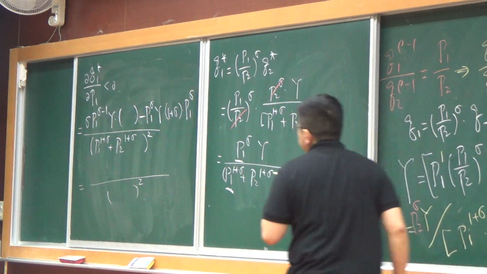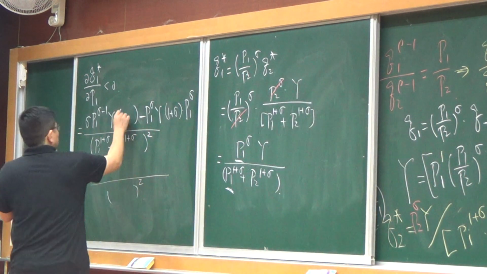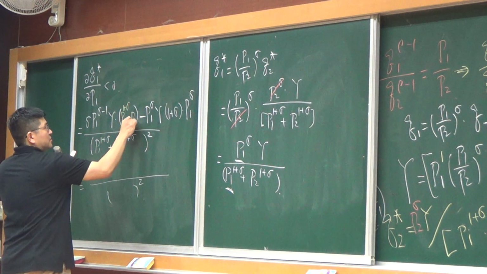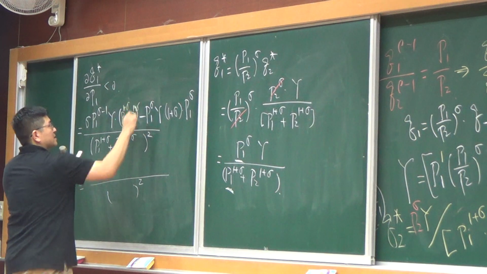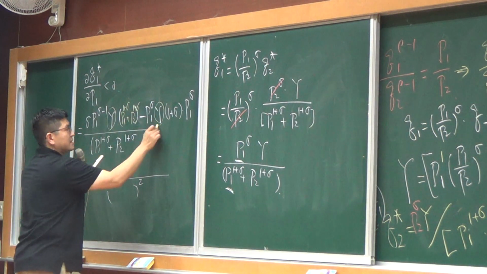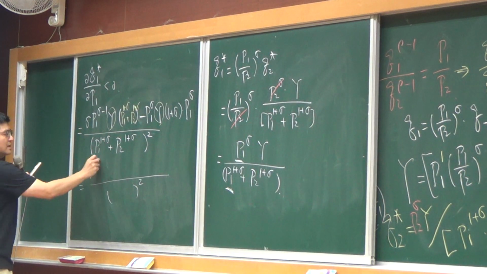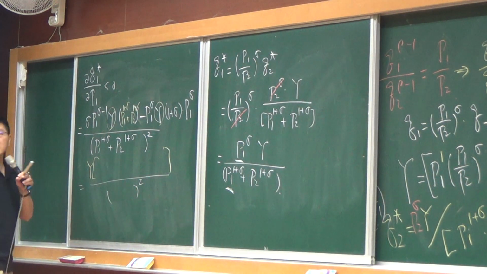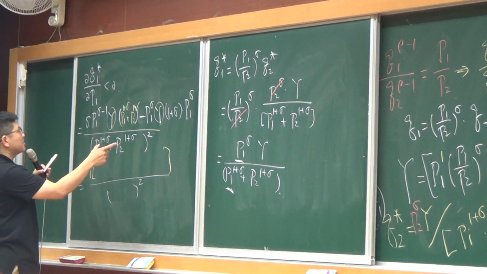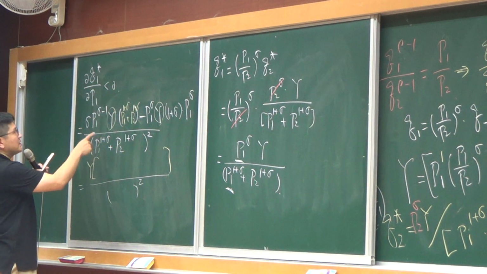So this would be P1 to the power of 1 plus sigma, P2 to the power of 1 plus sigma. Okay, we have the same y here, so we have a y outside the parenthesis. And do we have P1?